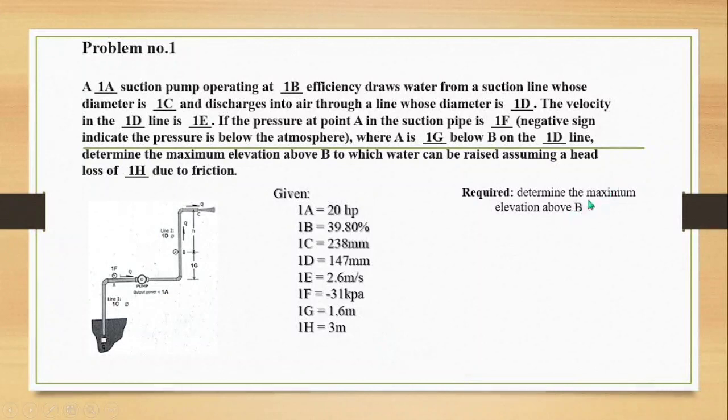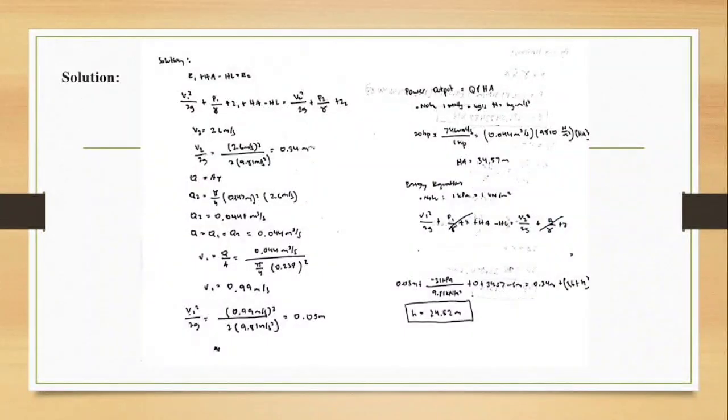So let us proceed to our solution. The 2.6 meter per second we obtained is the constant velocity.